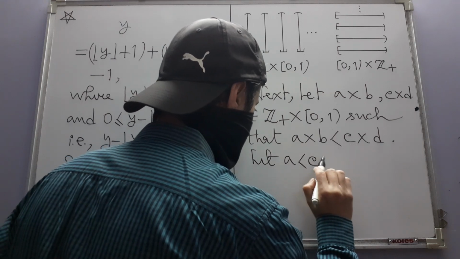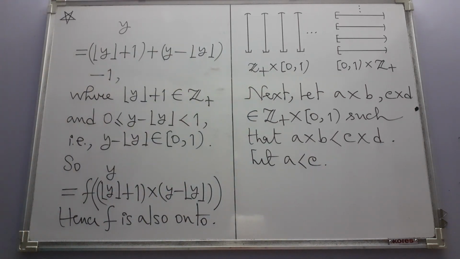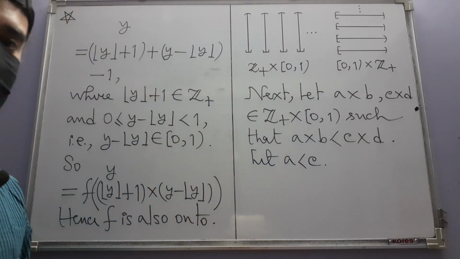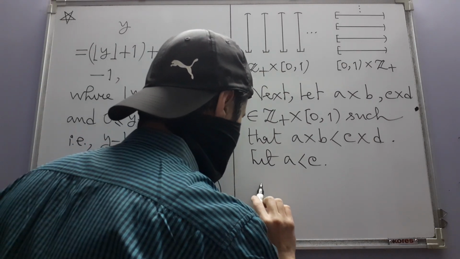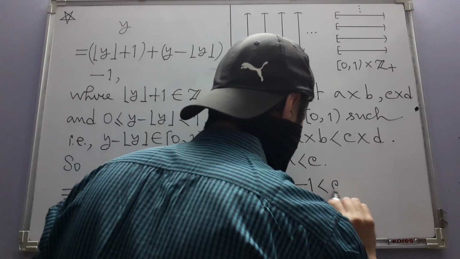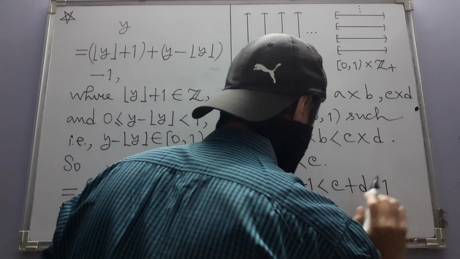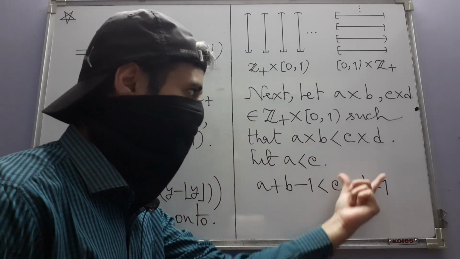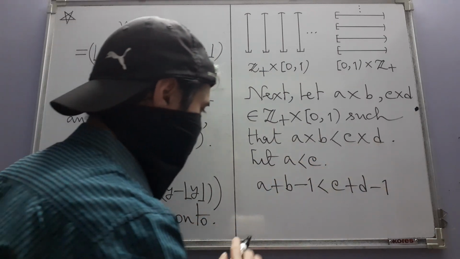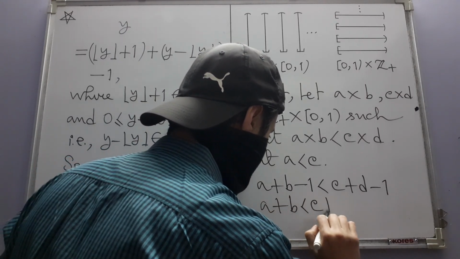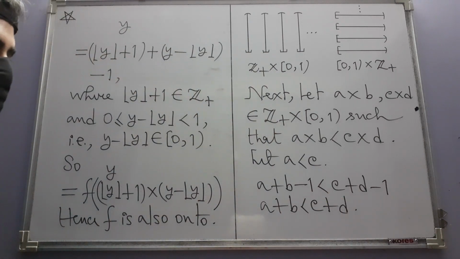Let A be less than C. Okay. Now, what is it that we want here? We want to show that A plus B minus 1 is less than C plus D minus 1, because this is the F image of A comma B and this is the F image of C comma D. That means we want to show that A plus B is less than C plus D. Okay.